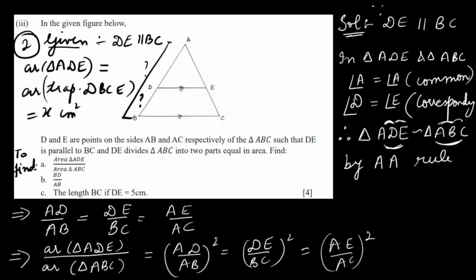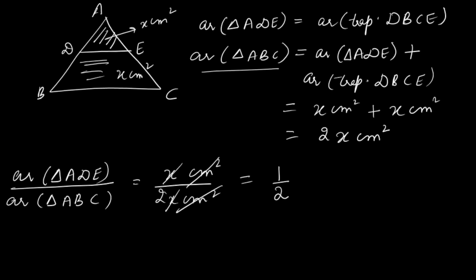We have to find the ratio of BD is to AB. So which result can we use?